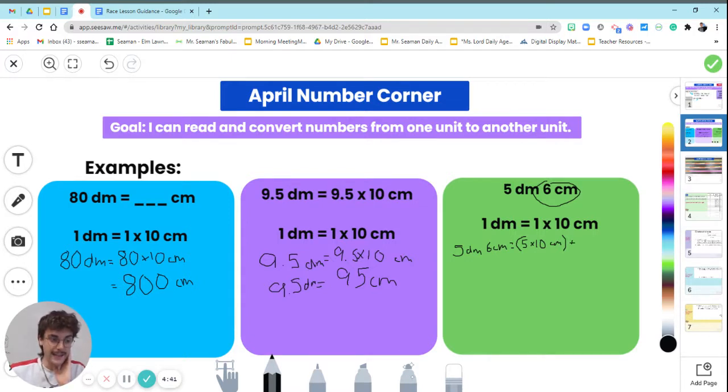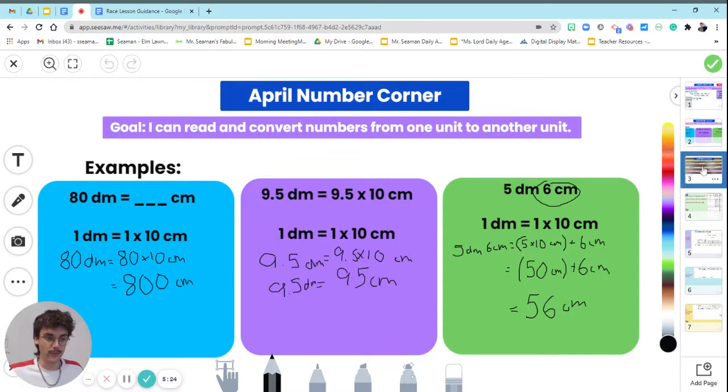We're going to add those 6 centimeters after we multiply. So 5 times 10 centimeters is 50 centimeters, plus 6 centimeters. When you get the addition total, you get 56 centimeters.